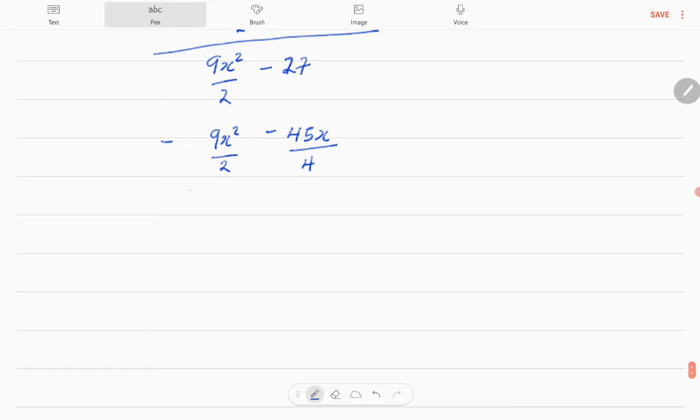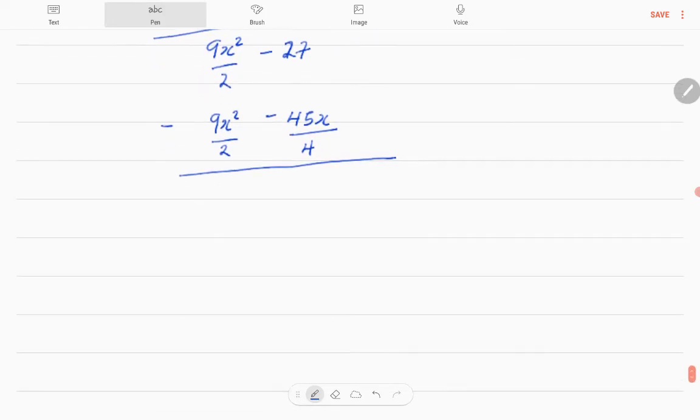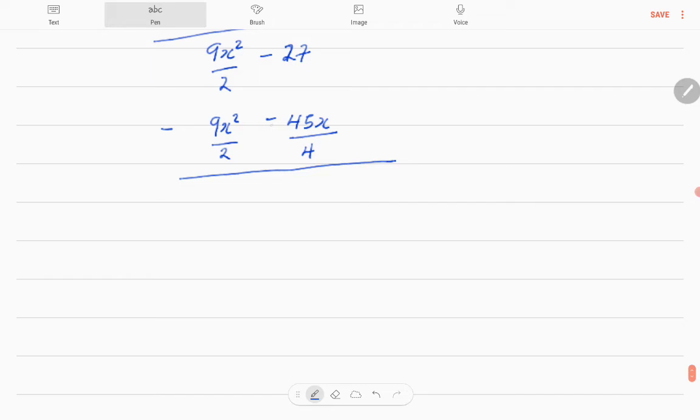And of course you subtract again. The 9x²/2 cancels with 9x²/2, and the minus affects this minus here, so this becomes plus 45x/4.